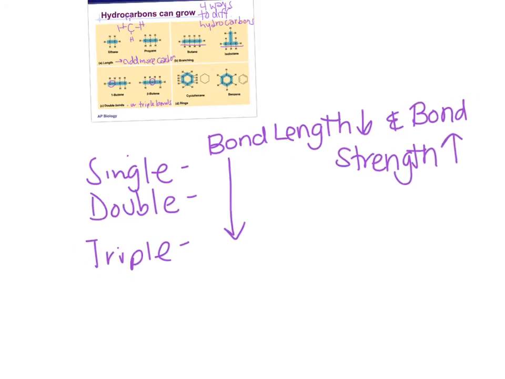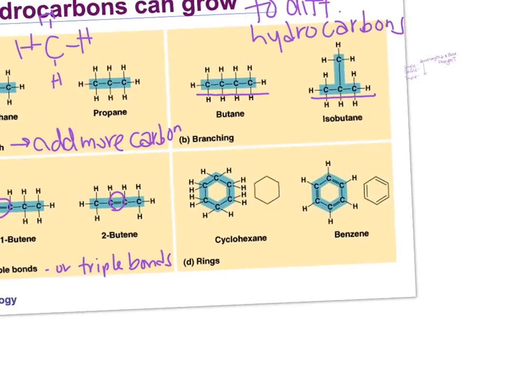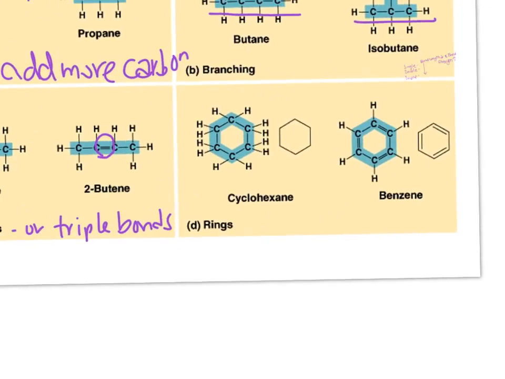The final one is we can form rings. One of the cool things about carbon-based structures is they don't mind being in ring shape. And remember, when we talk about our monosaccharides, we said that our monosaccharides are rings in water or aqueous environments. So it can form a ring structure.